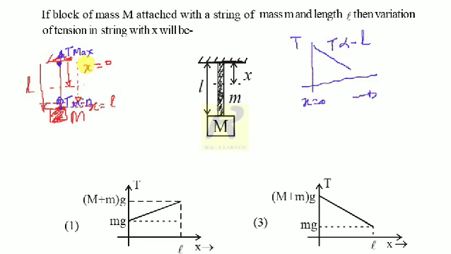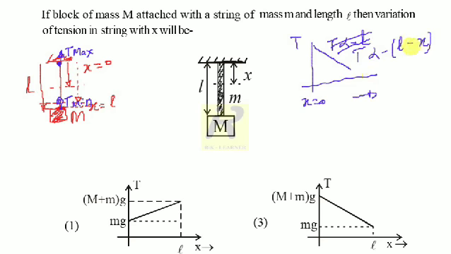But actually x is measured from top to bottom. So when you measure from the top, this relation fails, and here you should write T proportional to minus of (L minus x).